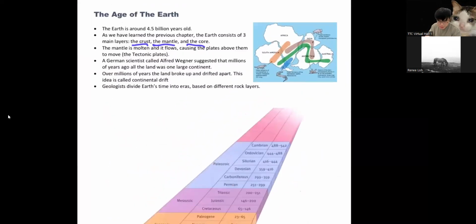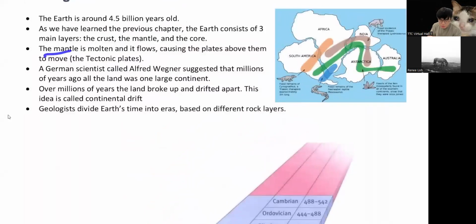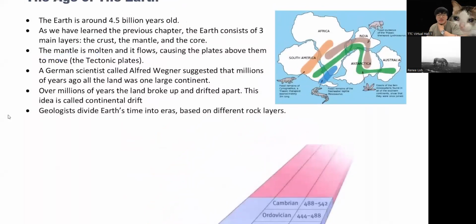Think of a mooncake: the crust is the skin of the mooncake, the mantle is the ham, the lotus paste or bean paste, and the core is the egg yolk.